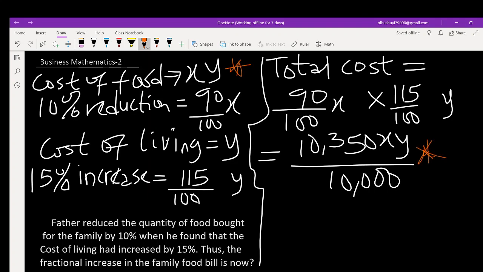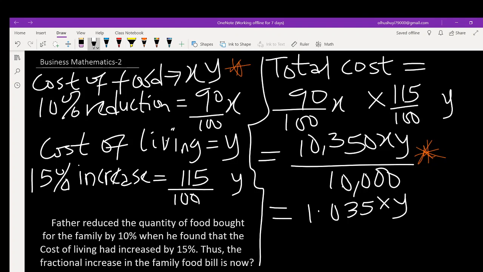That's the idea behind the question. So you have this, then you can go this way. This one is equivalent to, change it to decimal, much easier, 1.035 XY. This is the present cost.